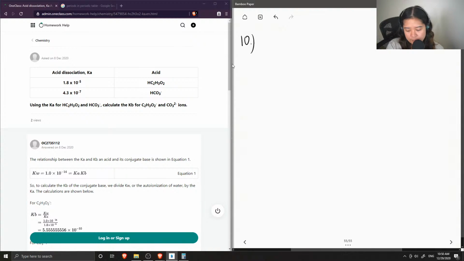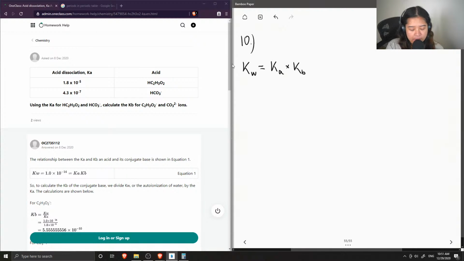So, first I'll write the expression of Kw, which is the ionization constant of water, and it is equal to your Ka value times your Kb value. Okay. So that is pretty helpful.